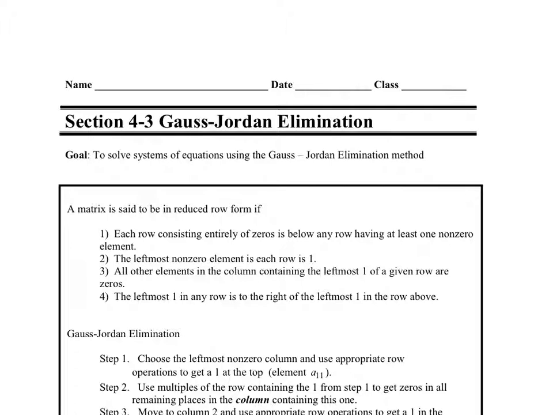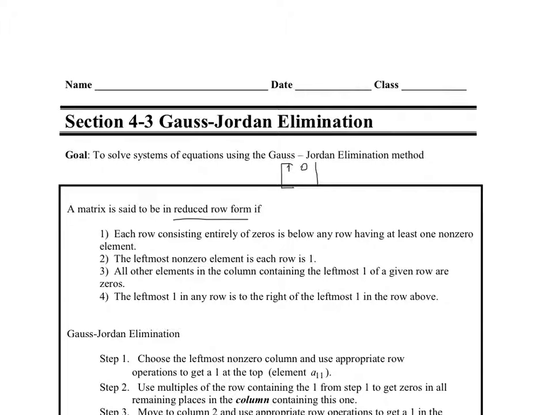Now, let me just remind you before we start what a matrix in reduced row form looks like. I'm going to draw an illustration. For the same size matrix we've been working with, a system of two equations with two variables, the uppermost element in the top row left is a 1. So we would have 1, 0.